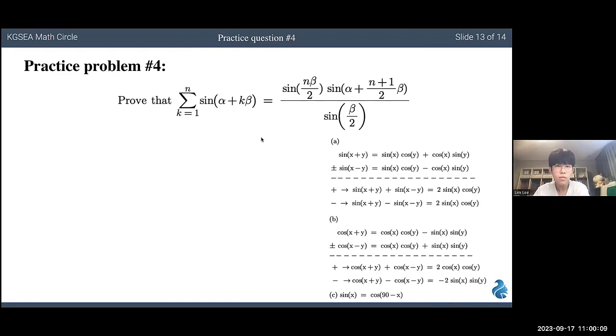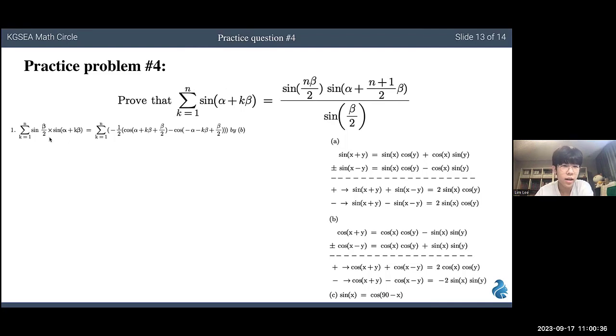The first thing that we can do for this problem is just multiply out sine beta over 2 from the denominator in the right-hand side fraction. This is because, as we've said earlier, the sigma notation is just a huge addition symbol, and therefore we can use the distributive property to bring sine beta over 2 into the sigma, k equals 1 to n.